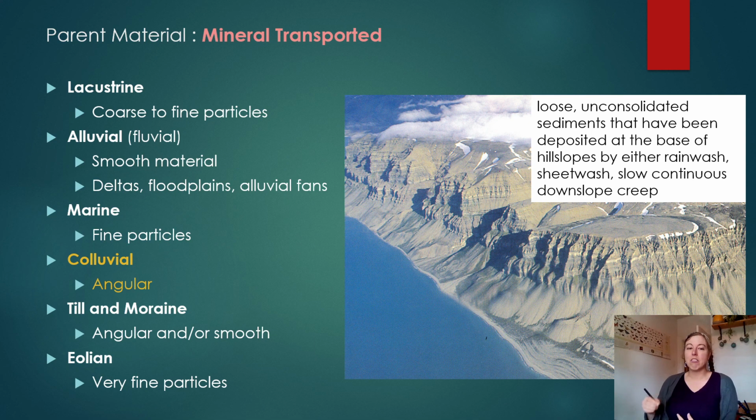Colluvial is similar to alluvial, but without the water. So here we have angular material. Anything that traveled in water tends to be smooth because of the way that water moves rocks and sand around and wears it down. But large angular pieces in colluvial.